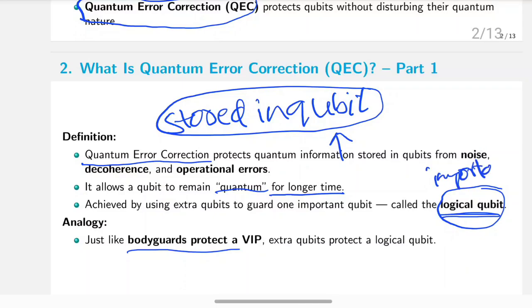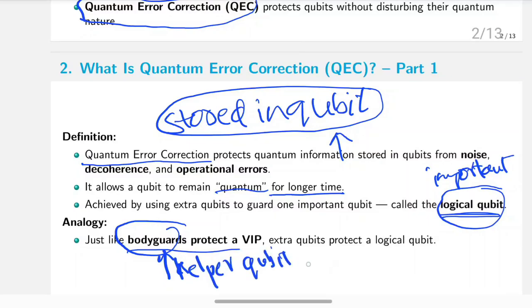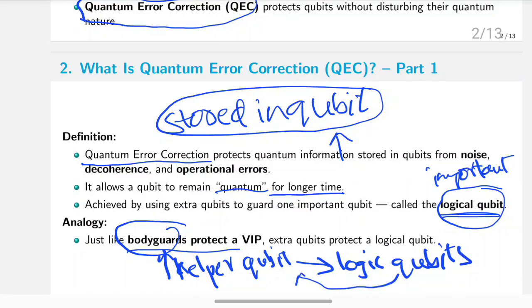Whereas the bodyguards are the helper qubits, which we use to protect the logical qubit. That is exactly what quantum error correction does. It protects one logical qubit using many helper qubits, the same as a VIP protected by bodyguards.